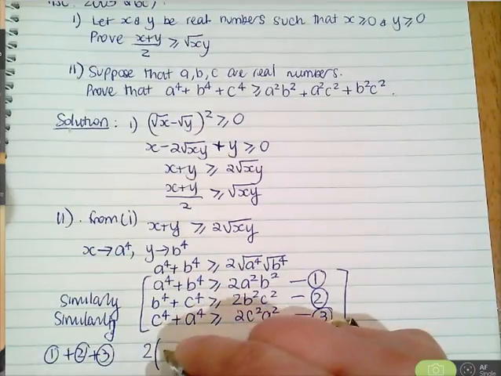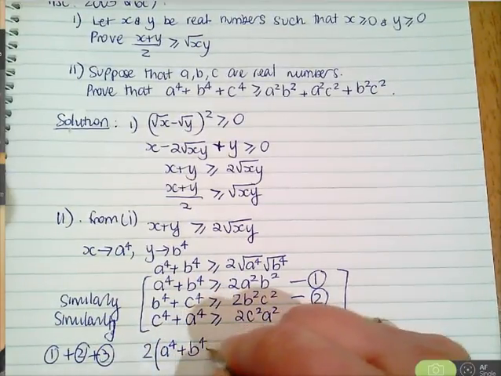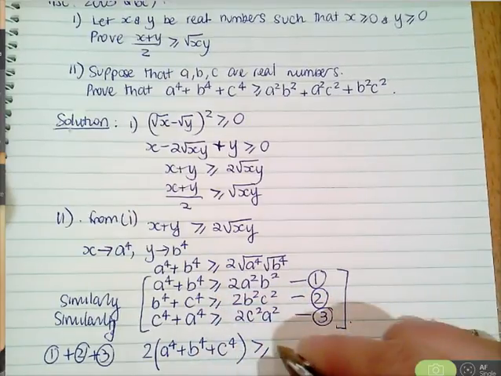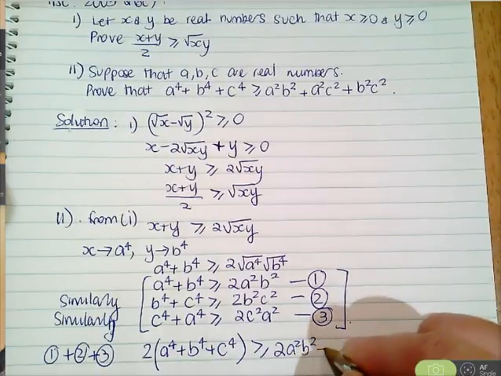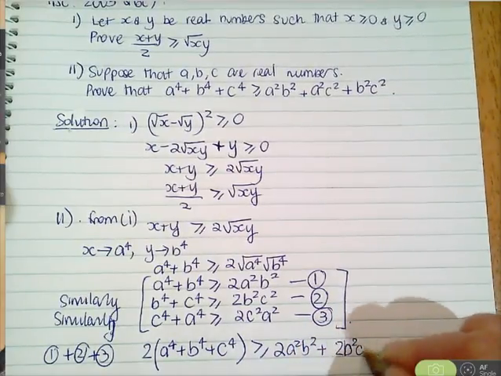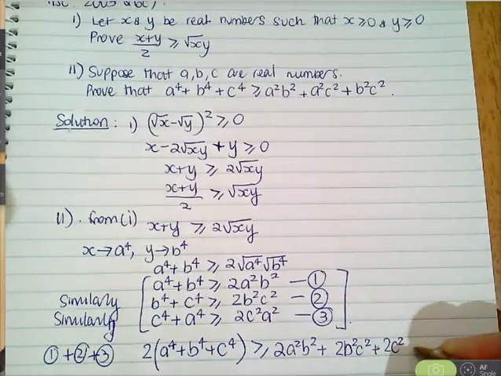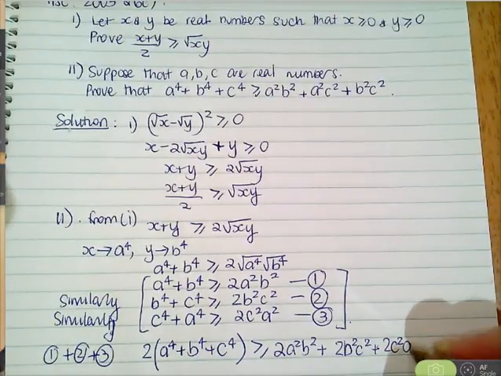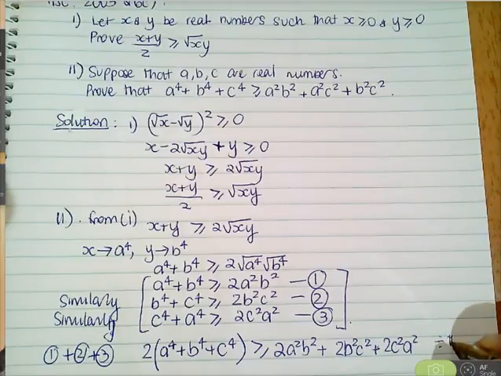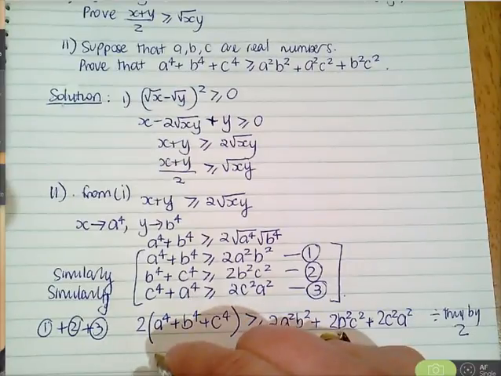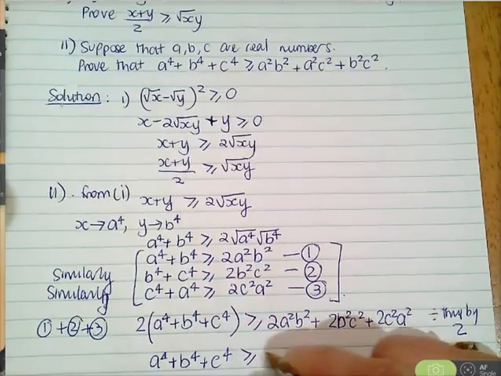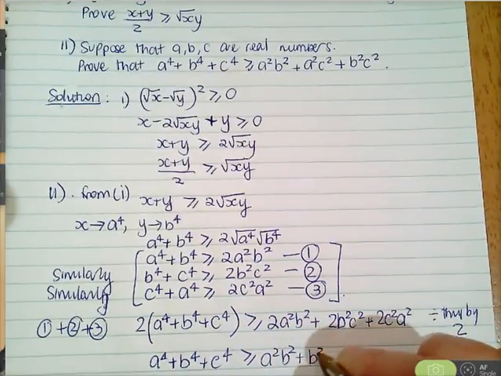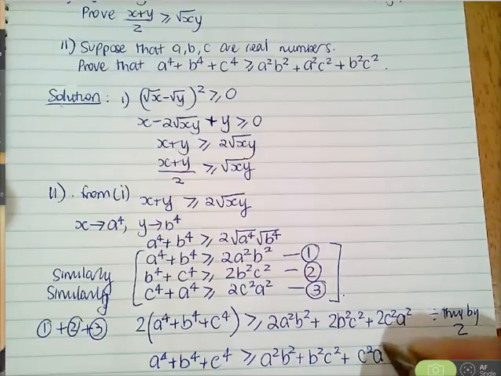We get 2 lots of a4 plus b4 plus c4 is greater than or equal to 2a squared b squared plus 2b squared c squared plus 2c squared a squared. Now if we divide through by 2, we will get a4 plus b4 plus c4 is greater than or equal to a squared b squared plus b squared c squared plus c squared a squared.